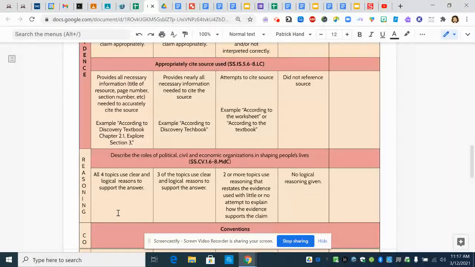So in order to receive a 4, all 4 topics, those 4 areas that you're going to be providing evidence in your CER for, government, societal roles, etc., they need to have logical reasons that support your claim. If you don't provide reasons, we don't know why you chose that evidence. We don't know why you think that this supports your claim. So basically, your reasoning connects the dots between your evidence and your claim.